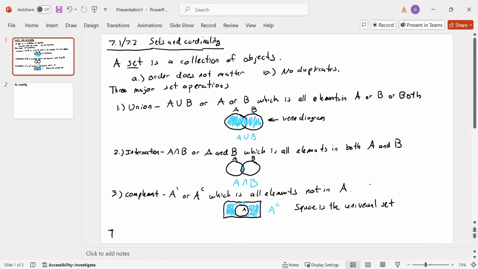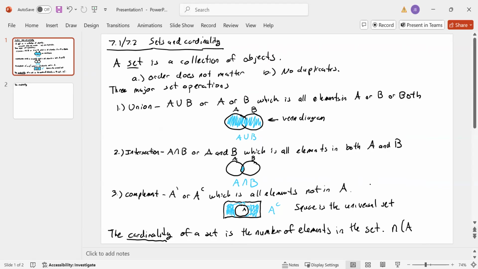So the cardinality of a set is the number of elements in the set. And the way we abbreviate that is n(A). So that's the notation that we use. You can think of the letter n as "the number of." It's kind of that literal in a way. So that's the cardinality, right?